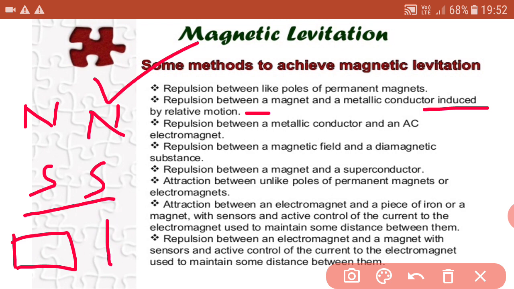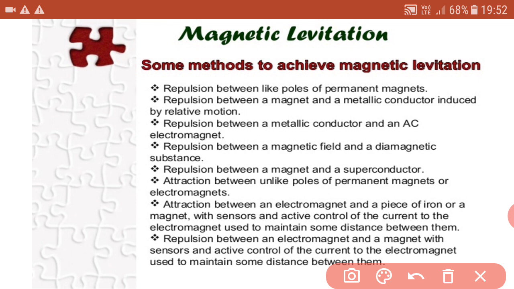If we place a metallic conductor near a magnet, there is a force, and by moving this conductor, which is known as relative motion, we get this effect. So moving the metallic conductor near the magnet is also one method to achieve magnetic levitation.